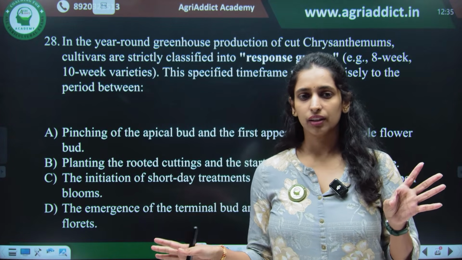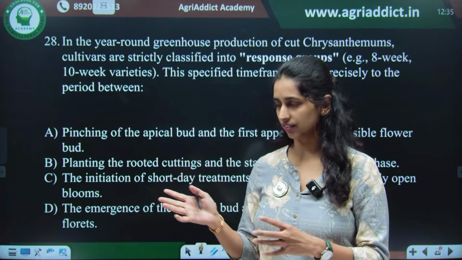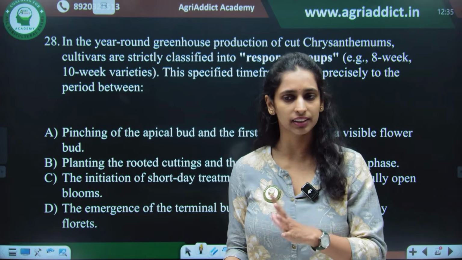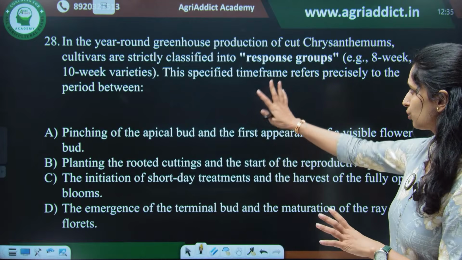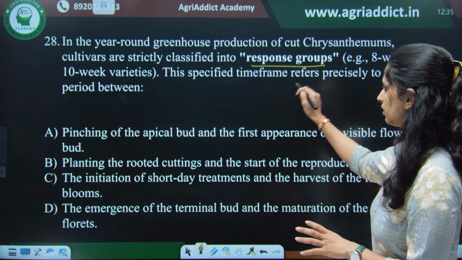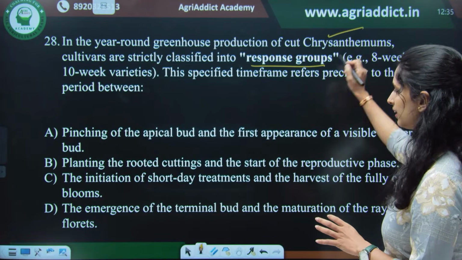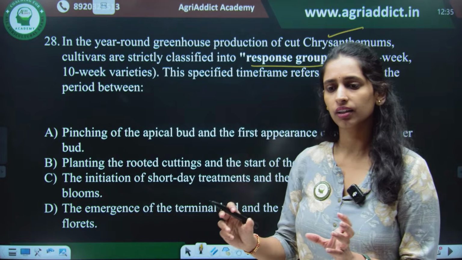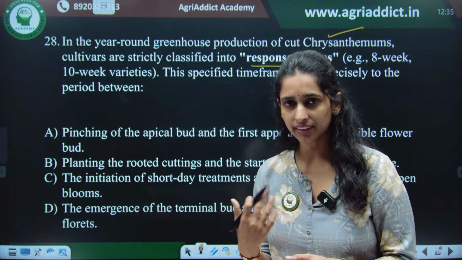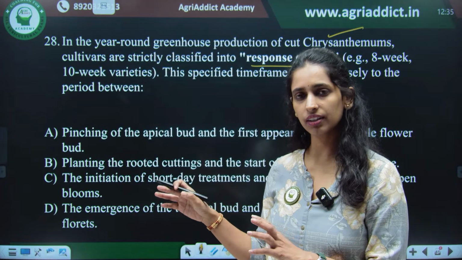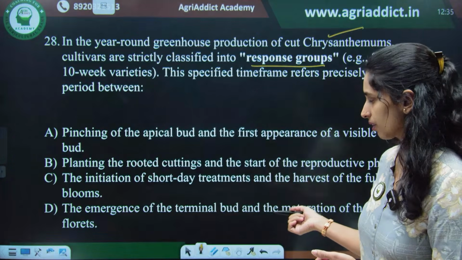Don't think like that. If some question is very difficult, you just go through the options. कभी कभी ऑप्शंस में ही आंसर मिल जाता है. So कुछ कुछ बता रहा है response groups. So response groups मतलब chrysanthemum में different types होता है, वो short day में. Nowadays they are asking in depth also, so I added this. This is like SRF flower, so still they may ask.